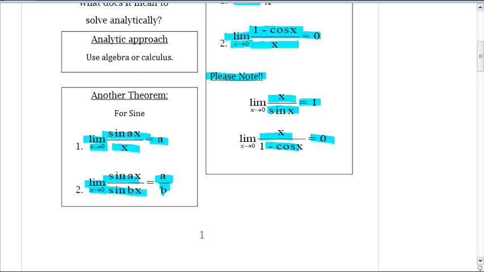To write it out, if you have the limit as x approaches 0 of sine 17x over sine 5x, your answer would simply be 17 over 5.